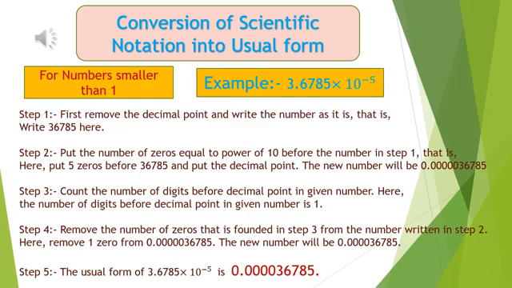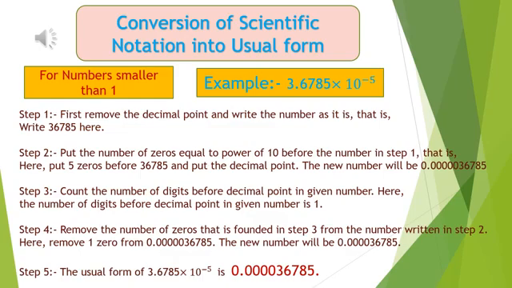Now step 3. Count the number of digits before the decimal point in the given number. The given number is 3.6785. How many digits before the decimal? See here, we are counting the digits before the decimal, and in the earlier example, which was a number greater than 1, we were doing all the things after the decimal.